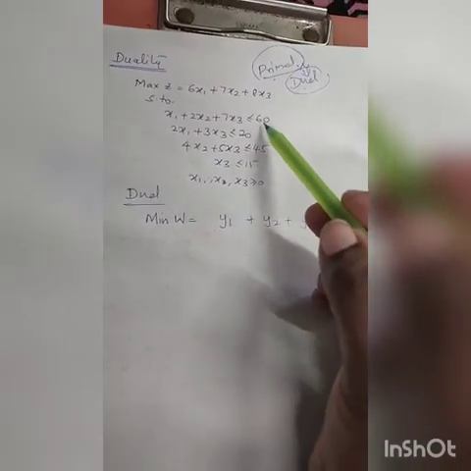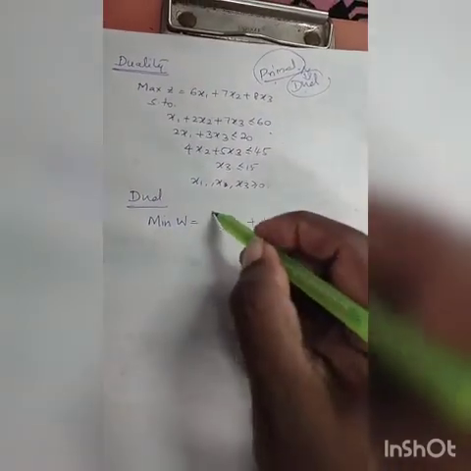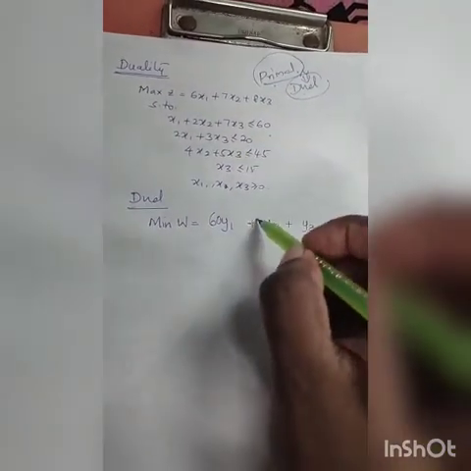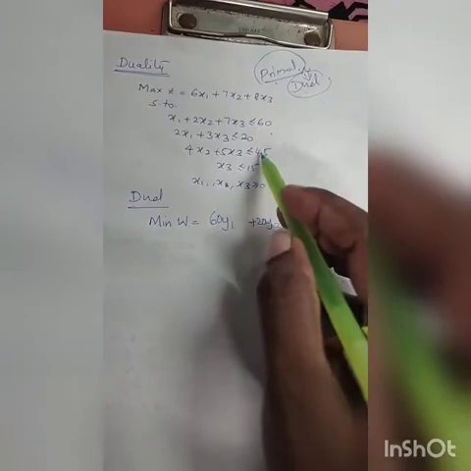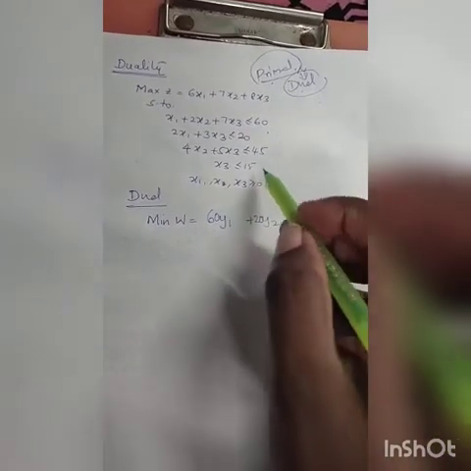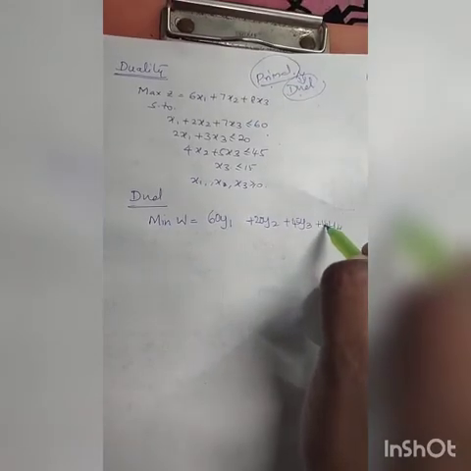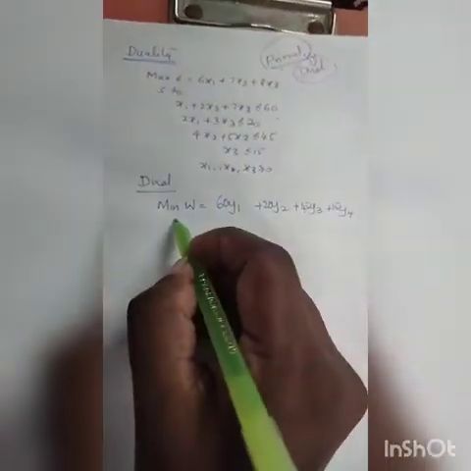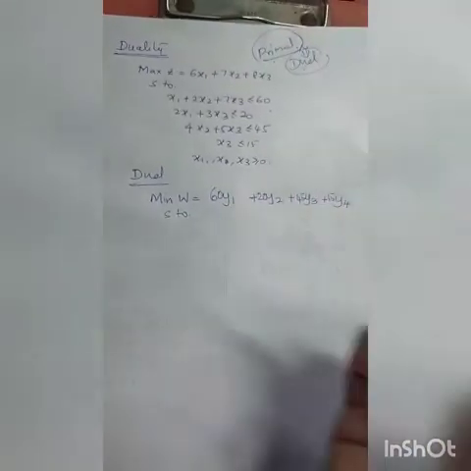Here first constraint, the solution is 60, so it will become 60 y1. Second is 20, this will become 20 y2. Third is 45 y3, and fourth is 15, so 15 y4. So this is my objective function, subject to.